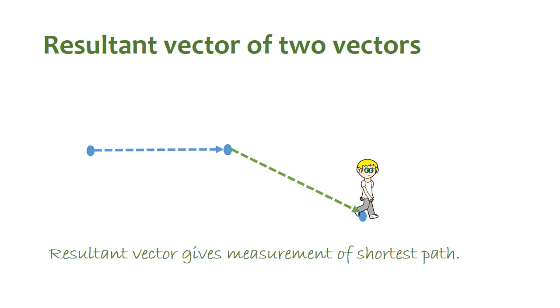Now we need to draw a resultant vector to find the shortest path. To draw the resultant vector, we need to use the head of the second vector and the tail of the first vector. So here you would be able to find your resultant vector with the help of the head to tail rule method.